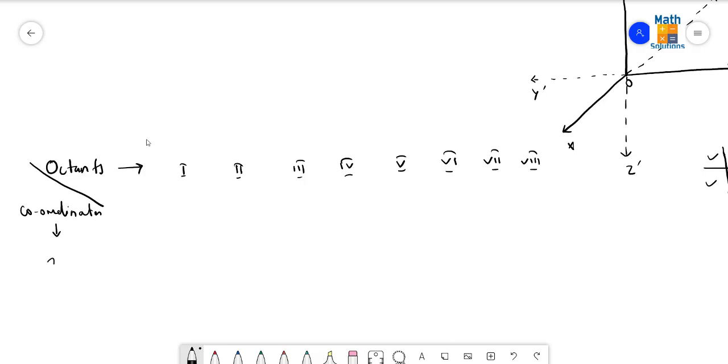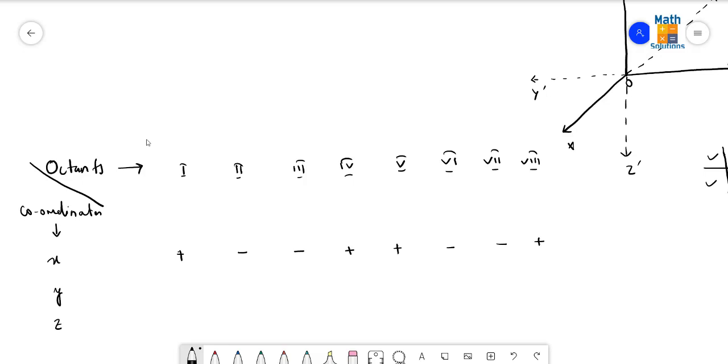So coordinates are x, y, and z. So in the first octant, x will be positive, as we get in case of first quadrant in 2D. Similarly, in the second one, it is negative. In the third one, again negative. In the fourth one, positive. This will be repeated for the remaining 4 octants also: plus, minus, minus, plus.